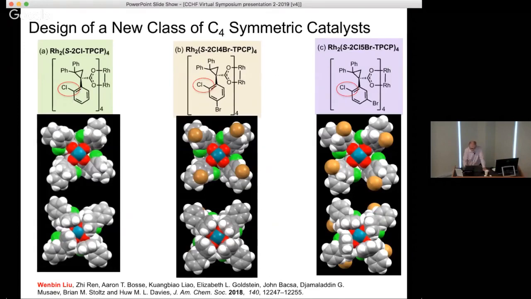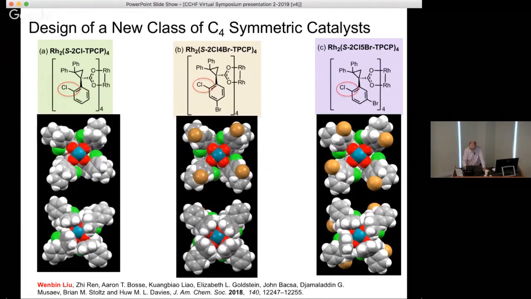In other words, you have an induced new stereogenic center, basically an axial stereogenic center generated in these complexes. So the chirality of the cyclopropane induces the axial chirality in the complex.